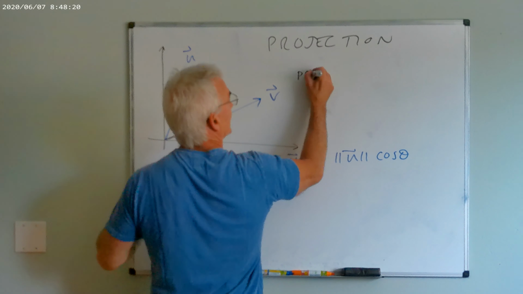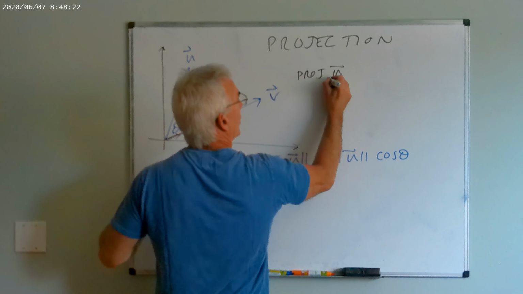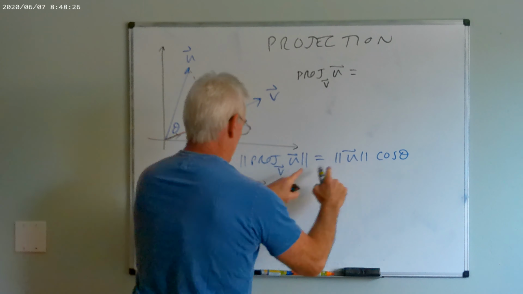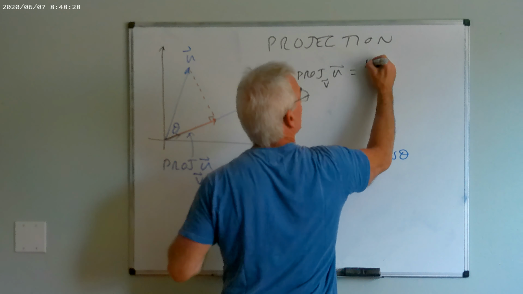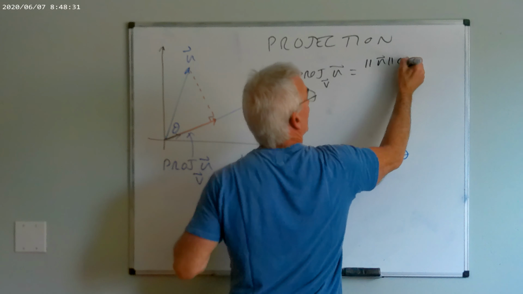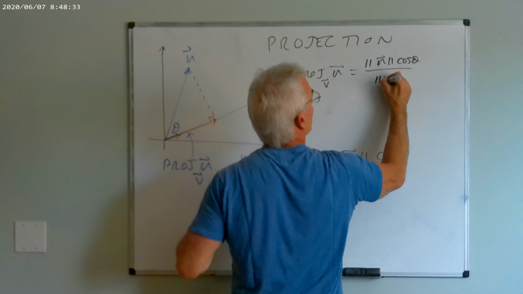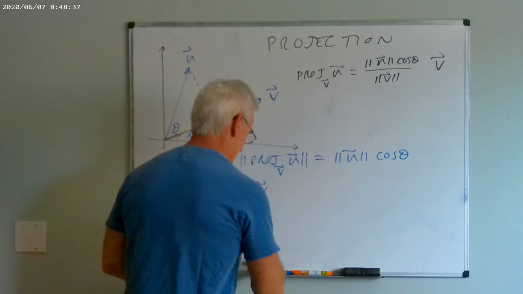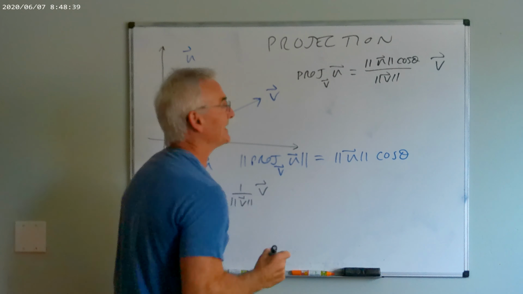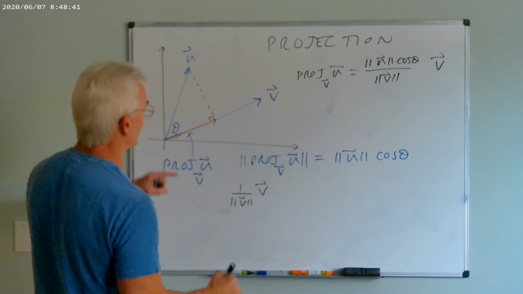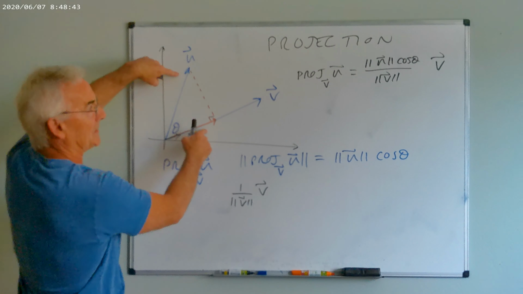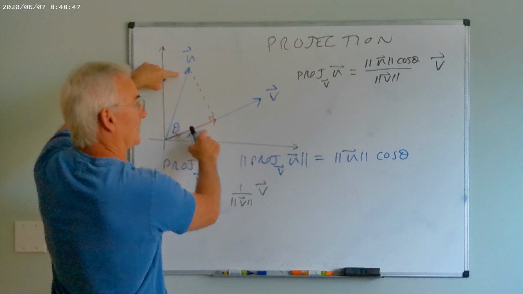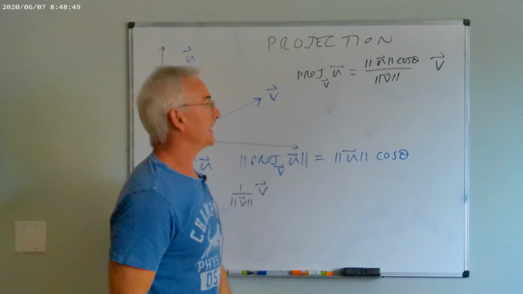So I can say then the projection of u onto v is this times this, which would simply be length u cos theta over length v, that's a scalar, times vector v. Now, this is a very, very inconvenient form of a vector because I only gave you the vectors u and v. I didn't give you theta, so you'd have to do a lot of work to calculate the cosine of theta and then work it all back in.